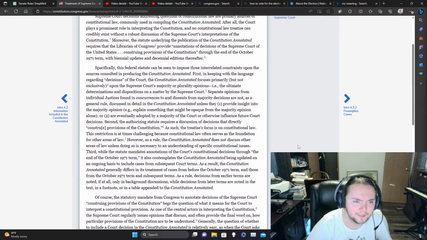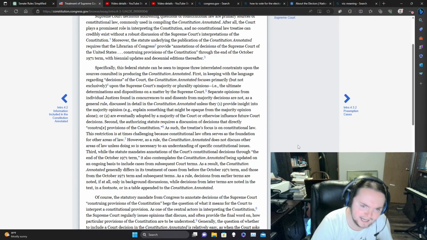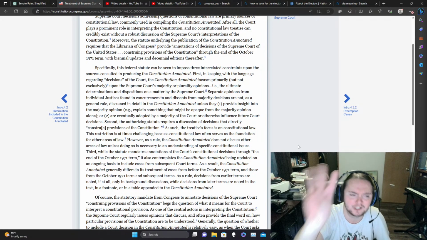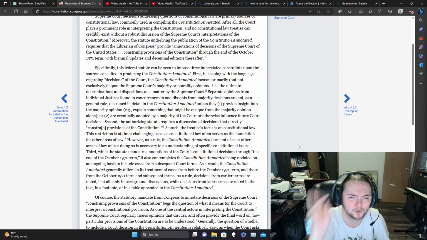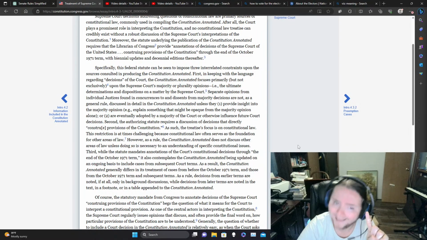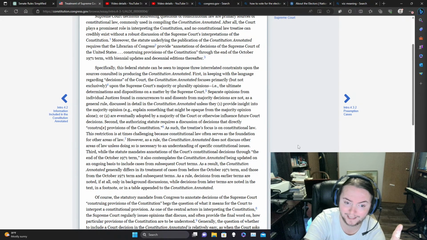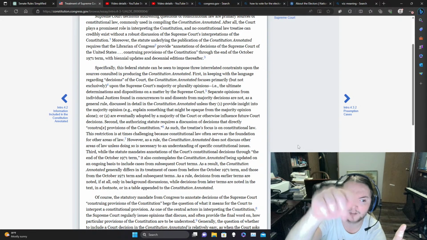Specifically, this federal statute can be seen to impose three interrelated constraints upon the sources consulted in producing the Constitution Annotated.